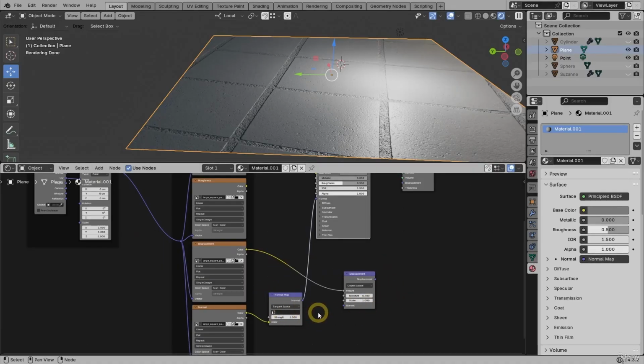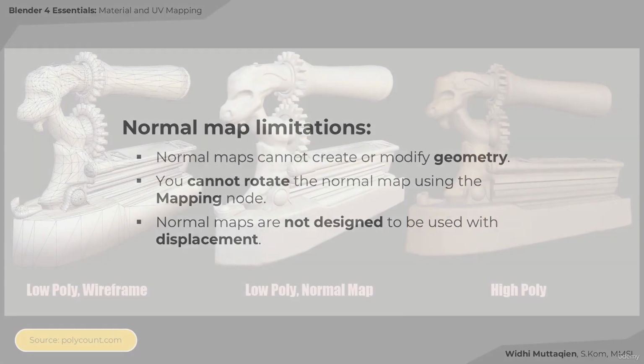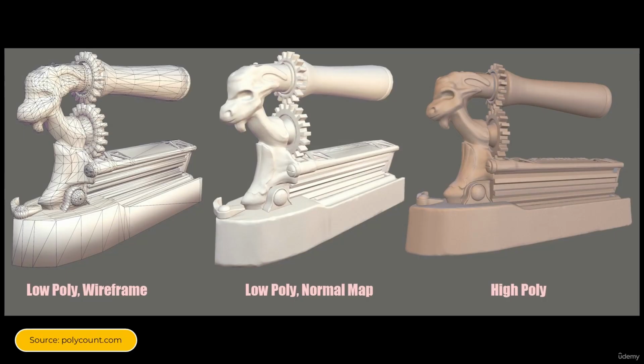Okay? One last important thing that I need to mention before I end this video is that you should not use normal map together with displacement map. Why? You see, the most common method to create normal maps is through a process called baking. Essentially, we first create a high-resolution version of the model, and then project the surface information into a low-resolution model.